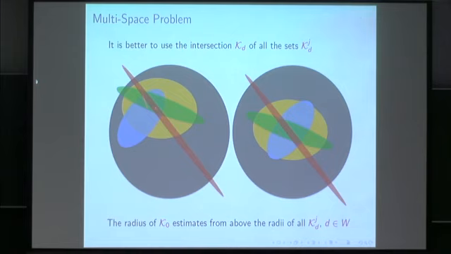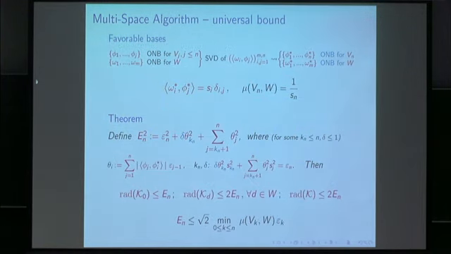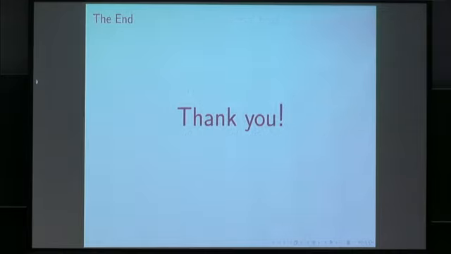Of course, it would be better to have an estimate there, but it's kind of hard to get it. And this is actually the theorem which says what is the radius of that. It has a constant 2 here. It is the minimum of all these constants mu, which are defined somewhere else. Okay? And thank you very much.